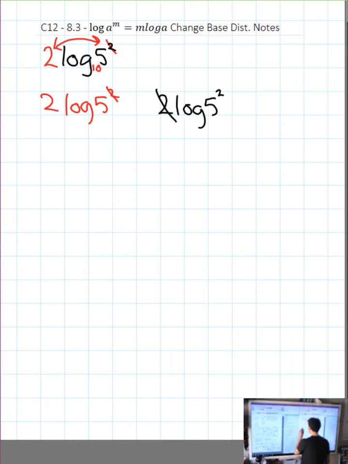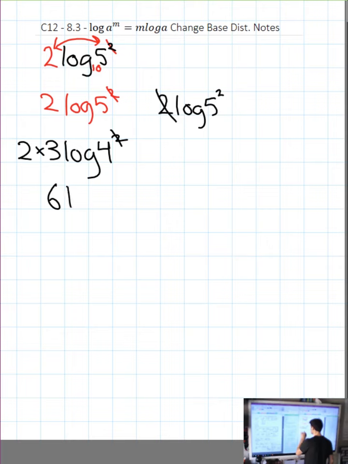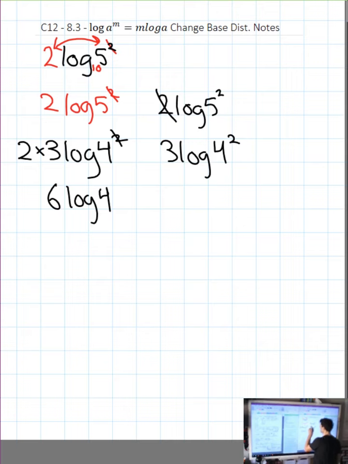Now, what if I already have a coefficient? What if I have 3 log 4 squared? Well, I can bring that 2 down in front, and I can multiply to get 6 log 4. Now if I take exactly the same question, I can also cross off the coefficient and multiply it by the exponent, which gives me log base 4, 6.